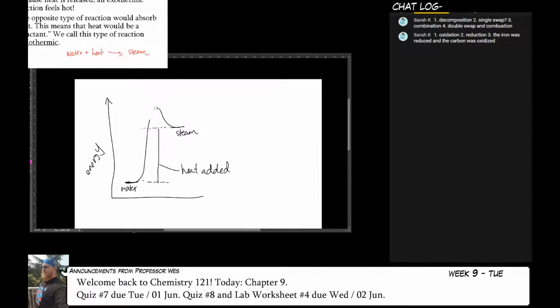Now, I really don't actually have an activation energy because there's nothing that really happens after it's steam. It's just steam, right? But if this was some reaction where instead of water and steam, I had two substances mixing together and the result was that product, then there may be an activation energy involved here.